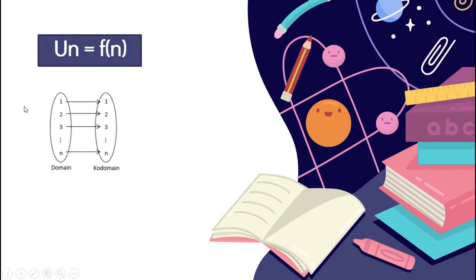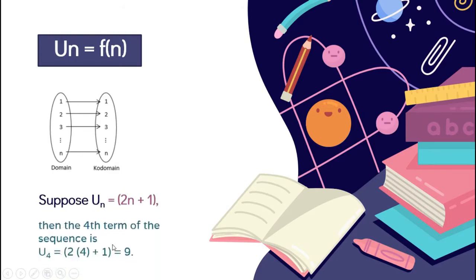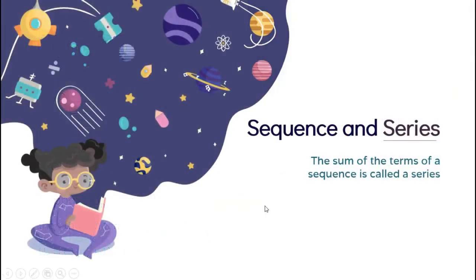You can see this function. Suppose un equals 2n plus 1, then the fourth term of the sequence is u4 equals 2 multiplied by 4 plus 1 equals 9. Okay, the sum of the terms of a sequence is called a series. The summation of these terms can be made in the form of sigma.